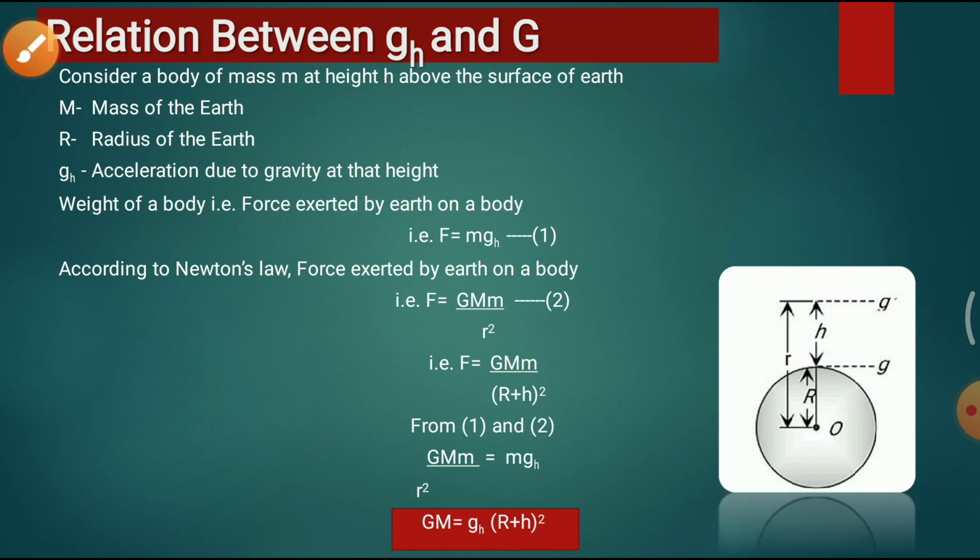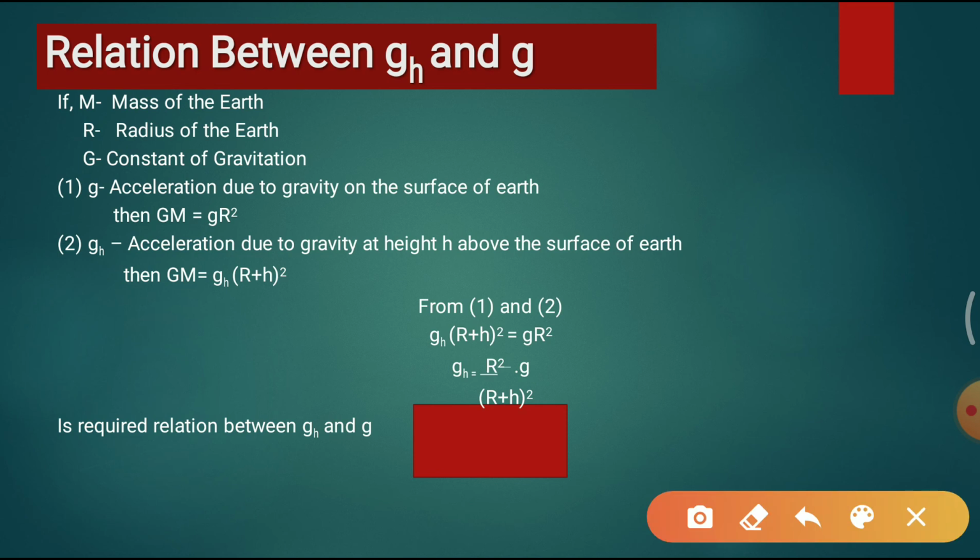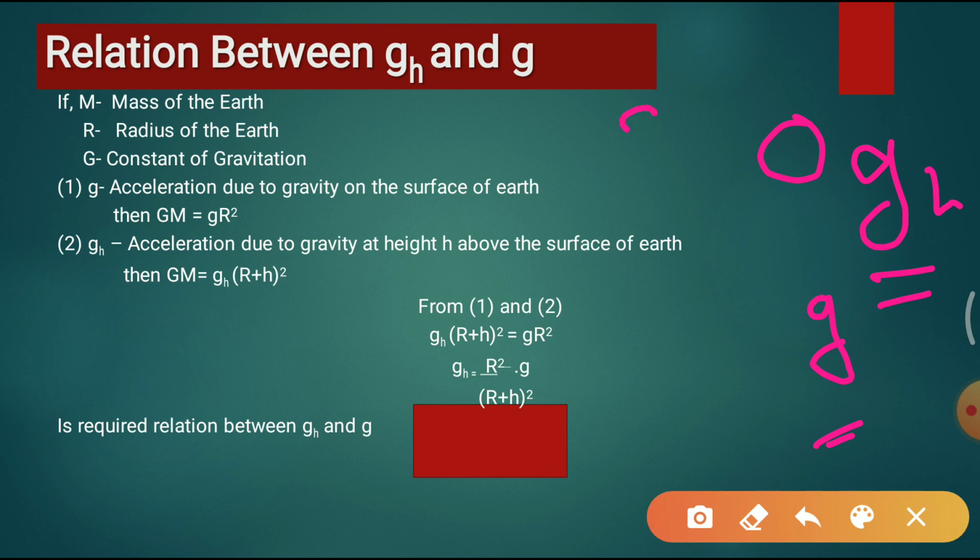Now let us see the relation between g h and small g. If the body is kept at some height, how do g h and g get related? Both are the acceleration due to gravity. In the previous cases we dealt with g and capital G, and then g h and capital G. Now in this case we are getting g h and g.